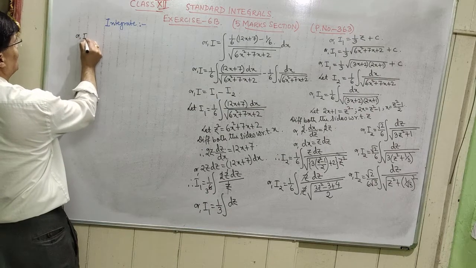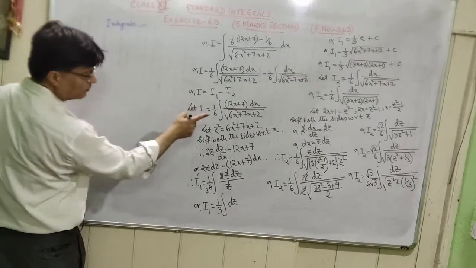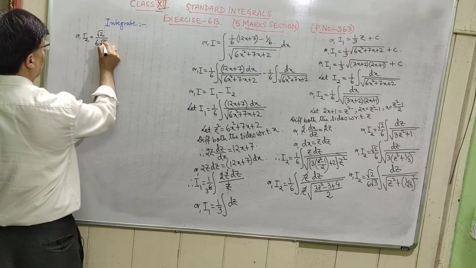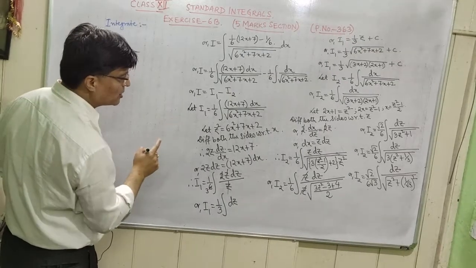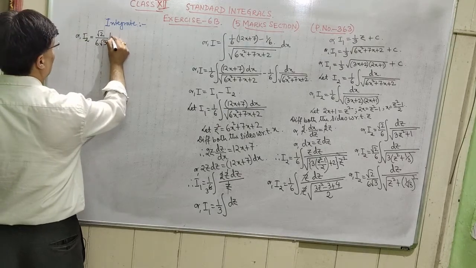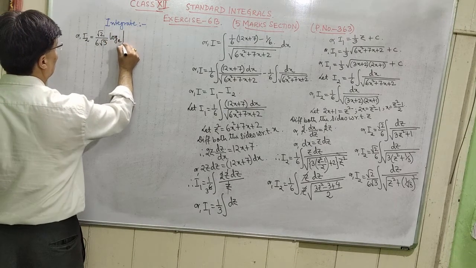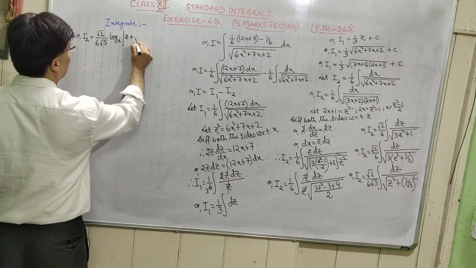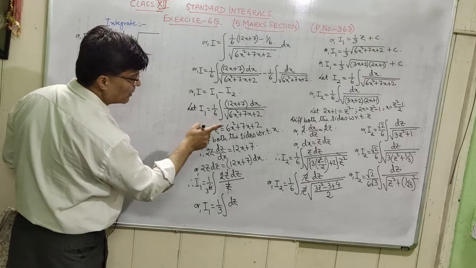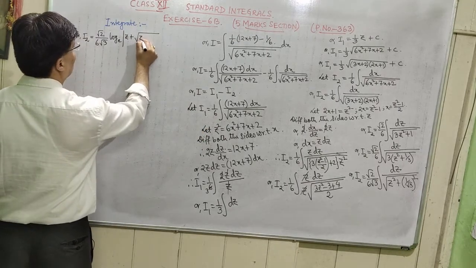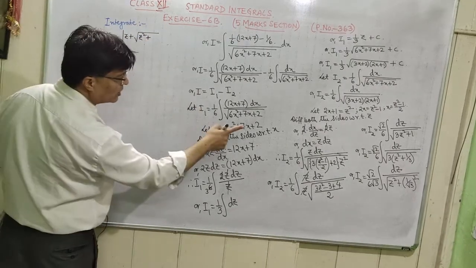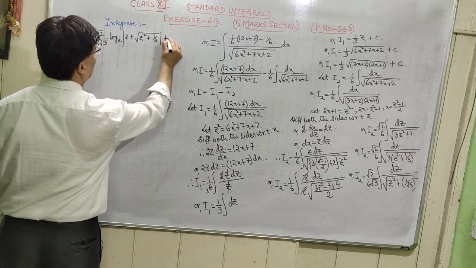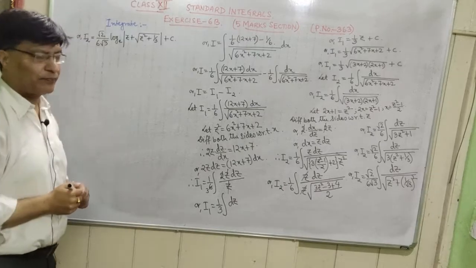I2 is equal to the constant term, root 2 divided by 6 root 3, then log base e within mod z plus root over x square plus a whole square, that is 1 by root 3 whole square, that is 1/3, mod sign closed plus c.